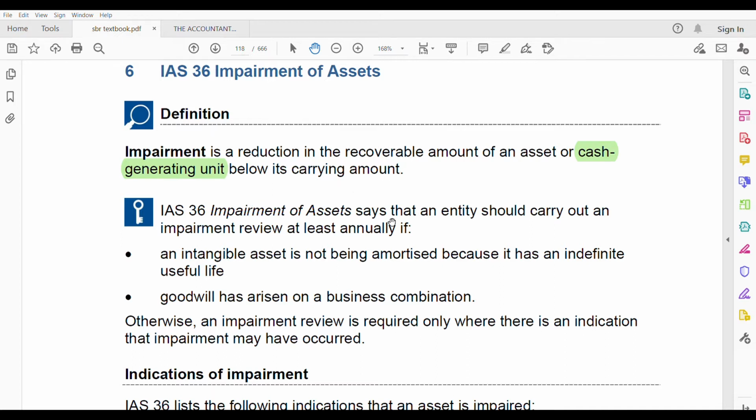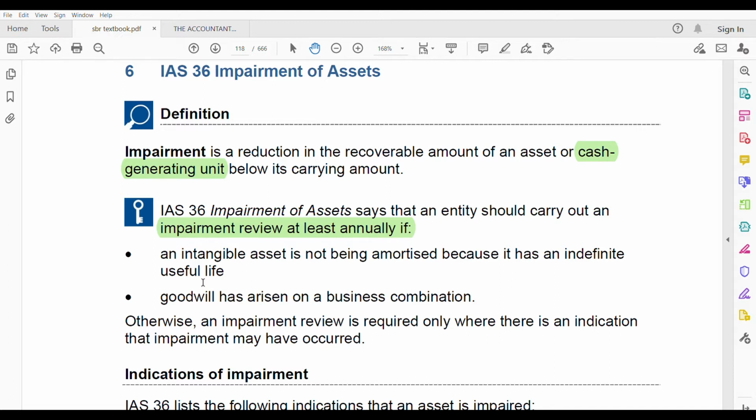And IAS 36 says that an entity should carry out an impairment review at least annually if these two things are there. An intangible asset is not being amortized because it has an indefinite useful life. We know an intangible asset has two lives: indefinite life and finite life.